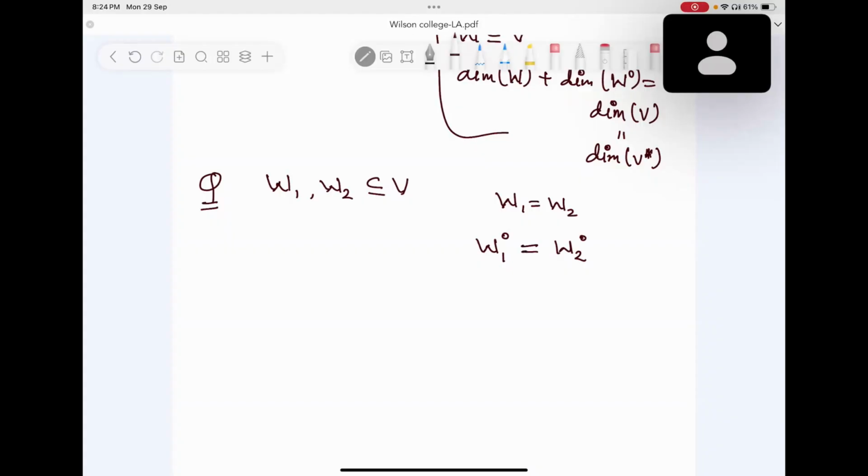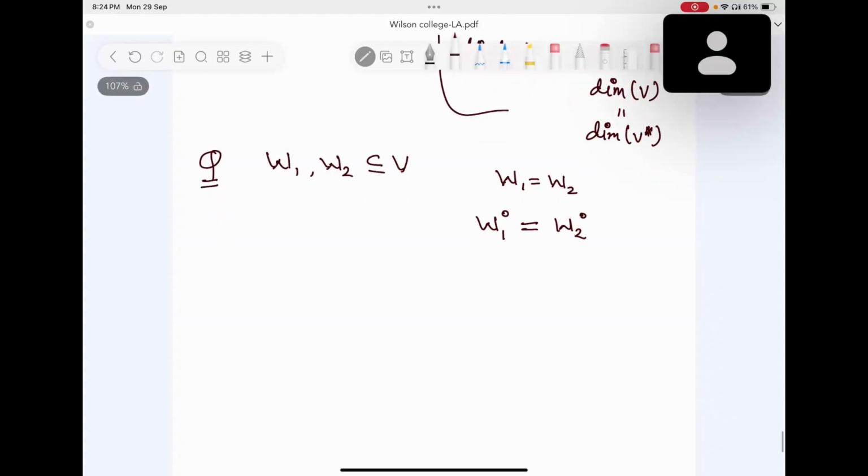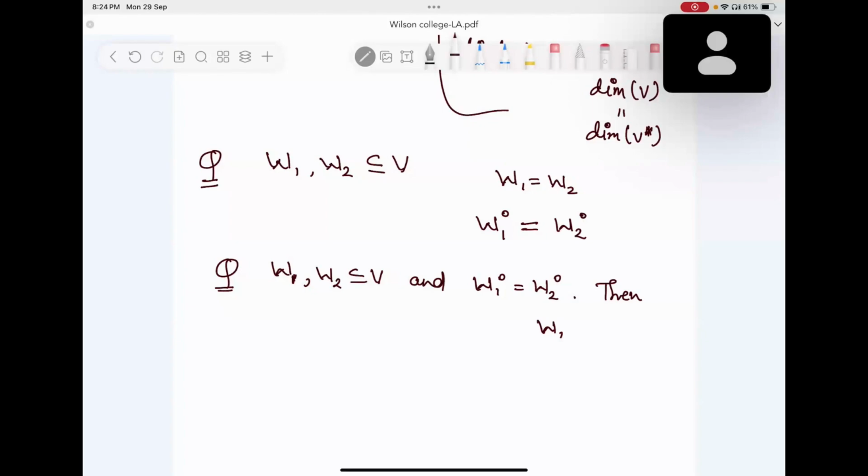Now the question is, suppose you have two subspaces W1, W2, and you know W1 annihilator is equal to W2 annihilator. Then what can you say about W1, W2? So the answer is they will always be equal. So this is if and only if.